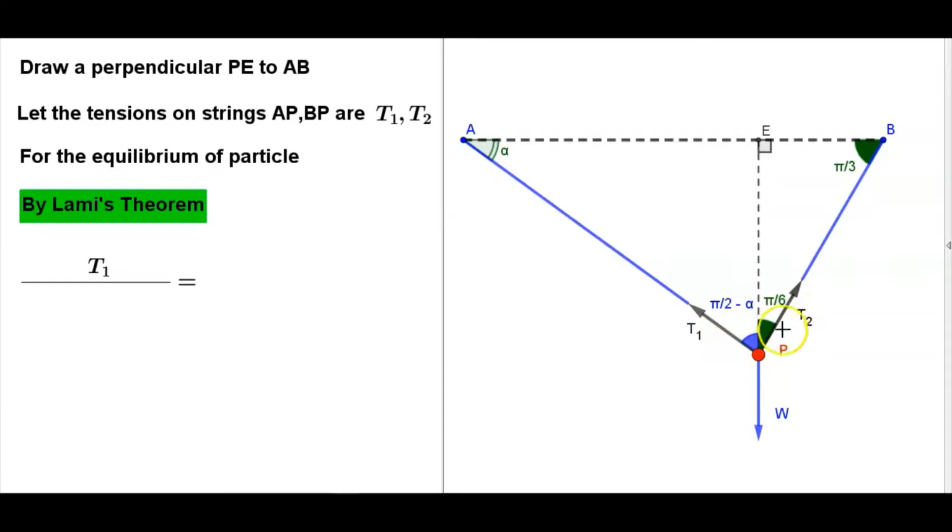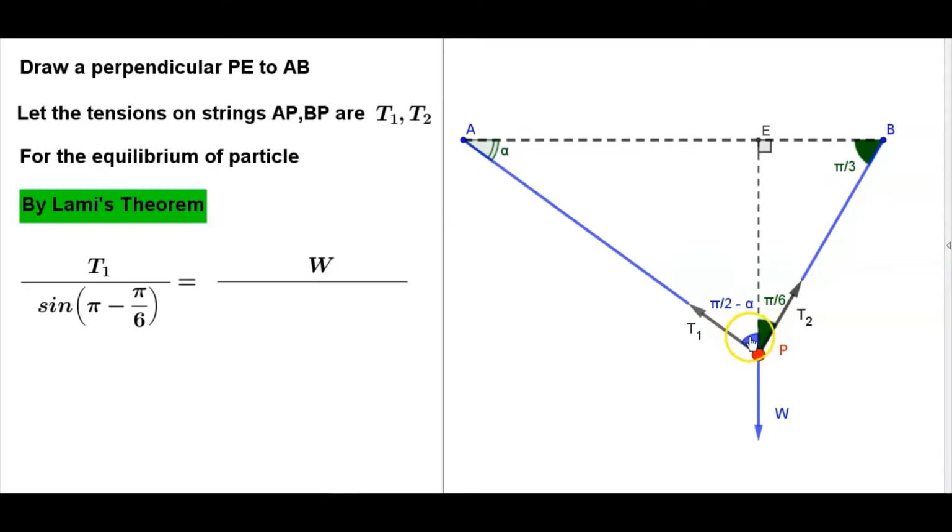What is this angle? This is a straight line, this one is pi by 6, therefore this one is pi minus pi by 6. So T1 over sine of pi minus pi by 6 is equal to W over the sine of the angle between the other two forces.